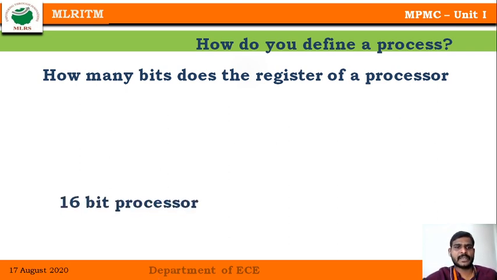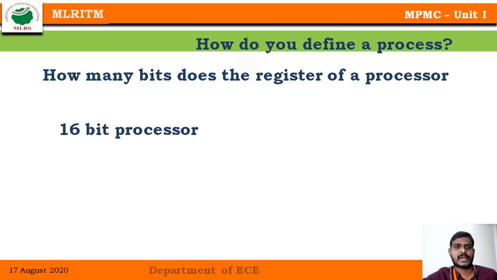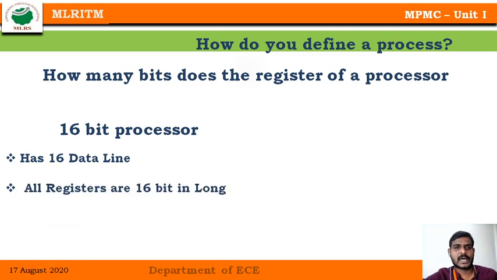For example, a 16-bit processor has 16 data lines and all the registers are 16 bits long. It indicates that a processor is defined by the size of its bits or its data bus capacity.